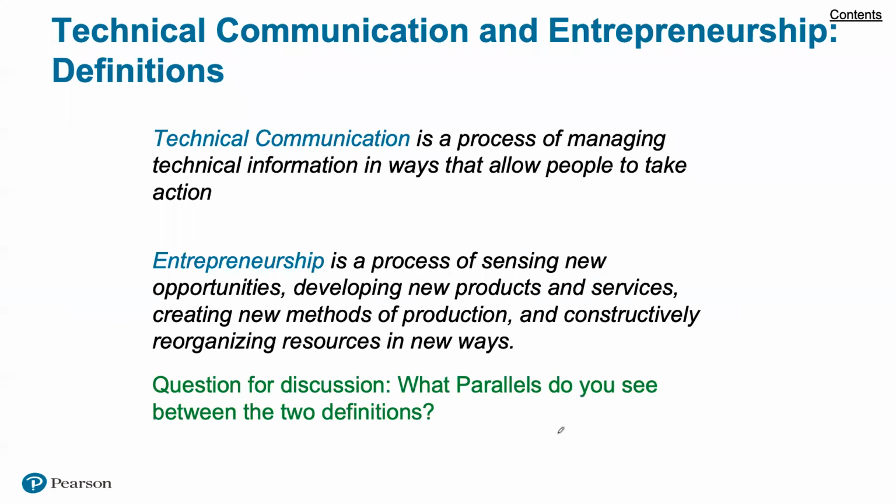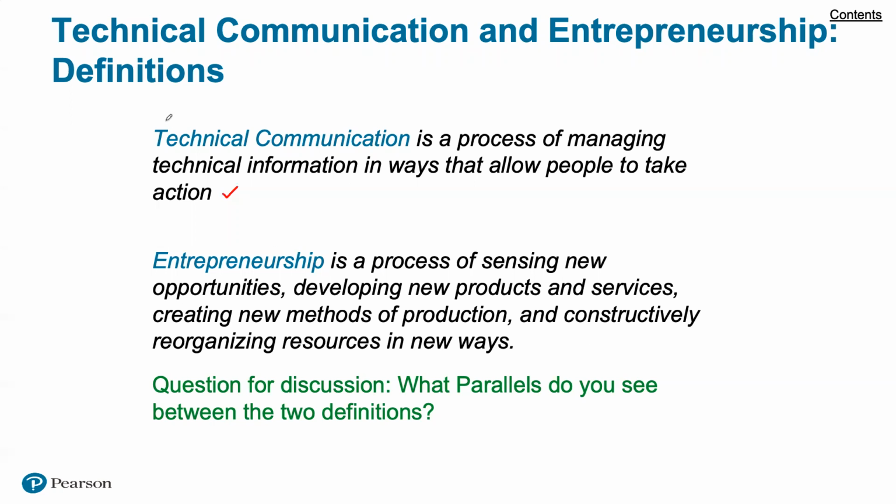Technical communication is a process of managing technical information that allows people to take action. Action item list, clarity of who's going to do what, is it you're trying to accomplish. Entrepreneurship is a process of sensing new opportunities, developing new products and services, creating new methods of production, and constructively reorganizing resources in new ways.